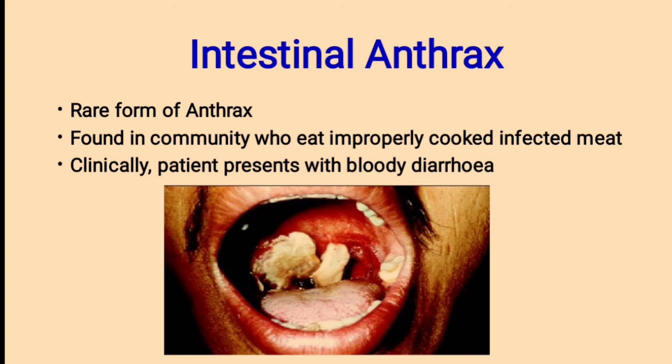Then intestinal anthrax. It's a rare form of anthrax. It's found in communities who eat improperly cooked infected meat. When meat is infected with Bacillus anthracis and is improperly cooked, this disease occurs.